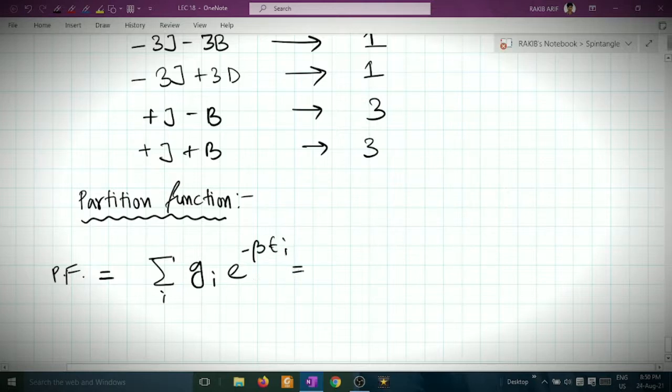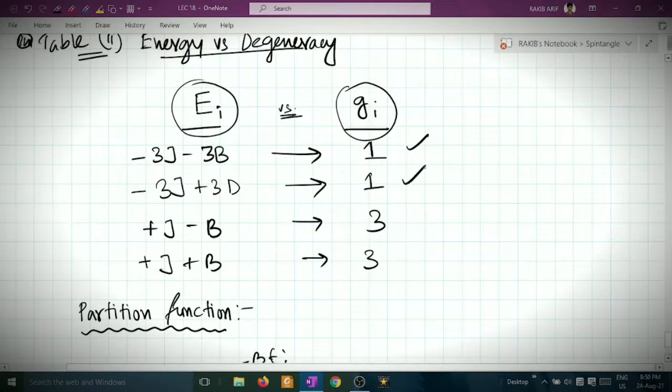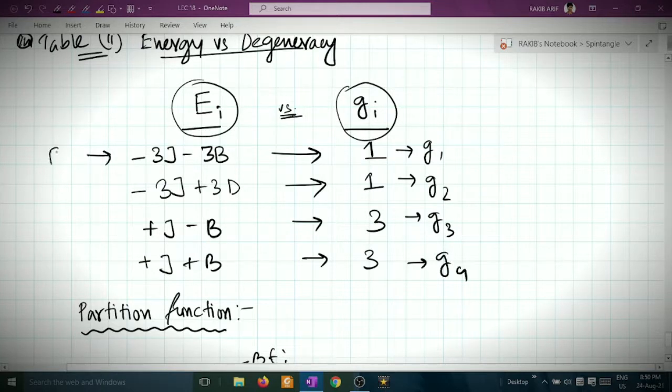Expanding this, there are four terms, 1 2 3 4. This is g1, g2, g3, g4, and this is E1, E2, E3, and E4.